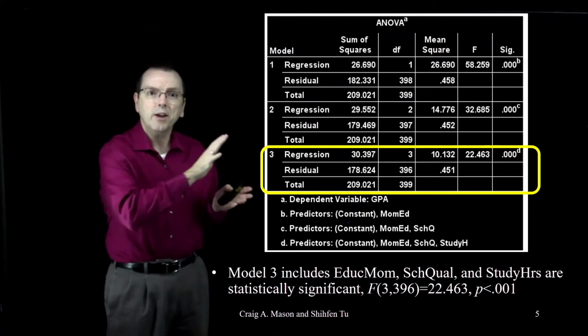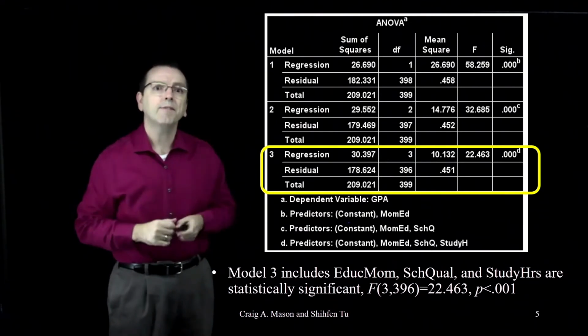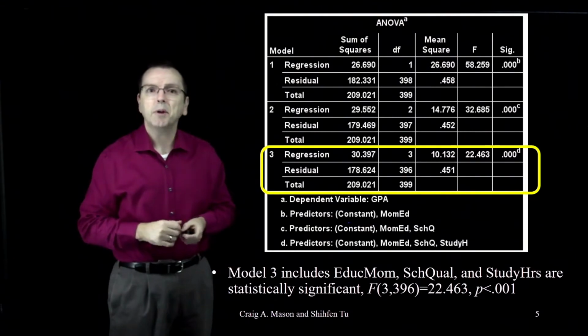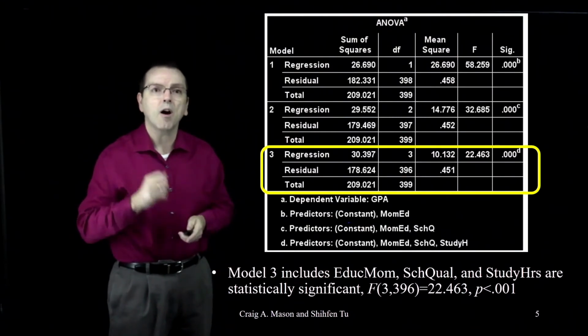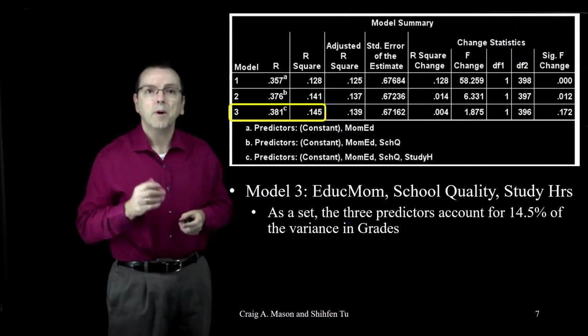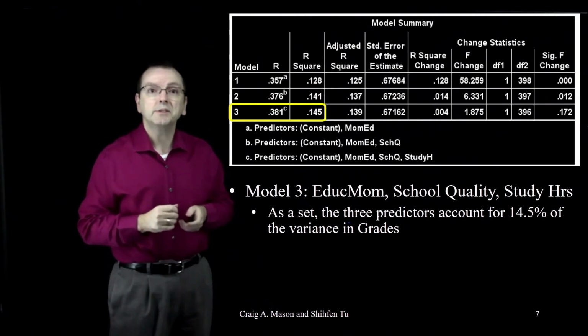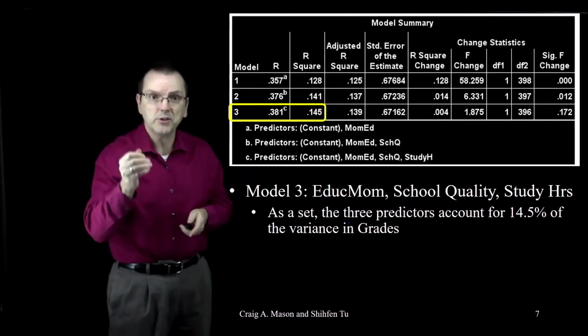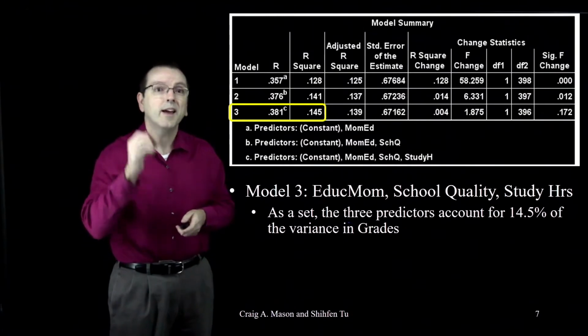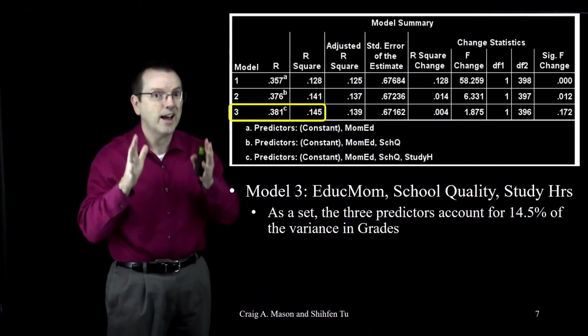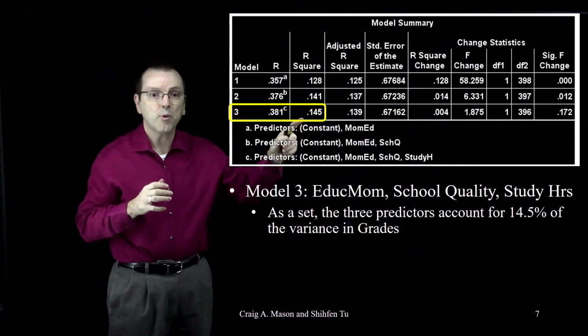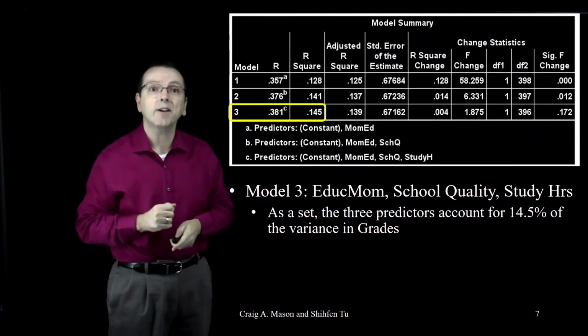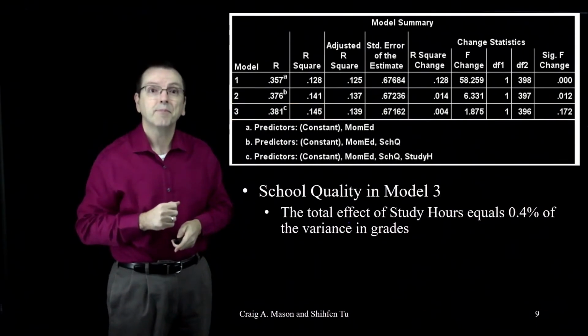Okay? So here we see again the overall effect is statistically significant, but how large is our R squared? Well, in the model summary table, we see that mother's education, school quality, and study hours, again as a set, accounts for 14.5% of the variance in grades.